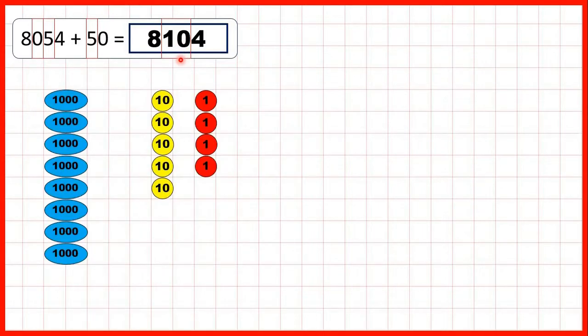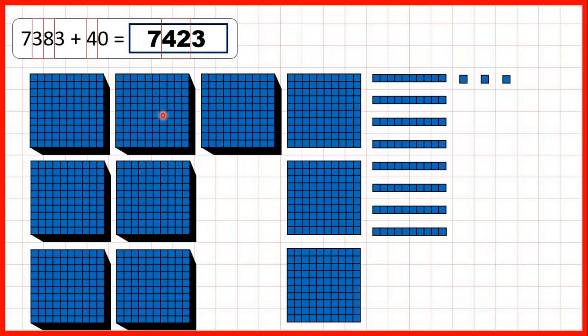Or, showing the same question using place value counters, we start with 8,054, but if we add 5 tens, because we now have 10 tens, we exchange those for 100, and again, that's why we have 100 and 0 tens in our answer, 0 tens even though we were adding tens.